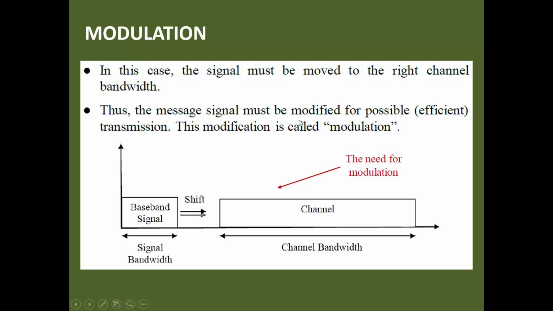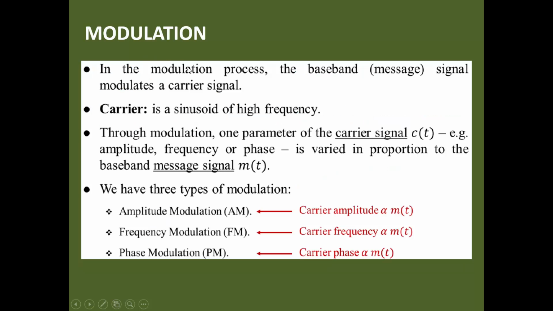Thus, the message signal must be modified for possible efficient transmission. This modification is called modulation. In the modulation process, the baseband signal modulates the carrier signal. So we take a higher frequency signal and we superimpose the baseband signal over the carrier signal. The carrier signal is a sinusoid of higher frequency.